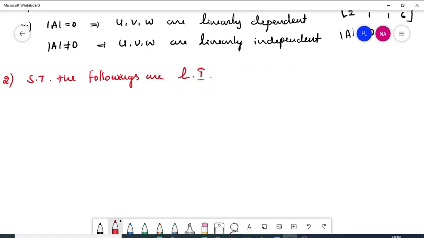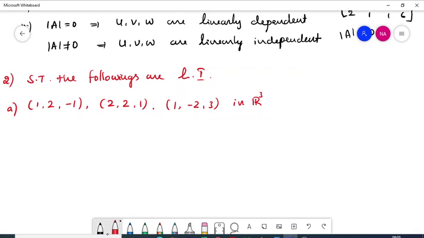You can apply the above method to check whether the vectors are linearly dependent or, I mean, linearly independent. Solution. Okay, sorry, problem A: 1 2 minus 1, 2 2 1, 1 minus 2 3 in R power 3.